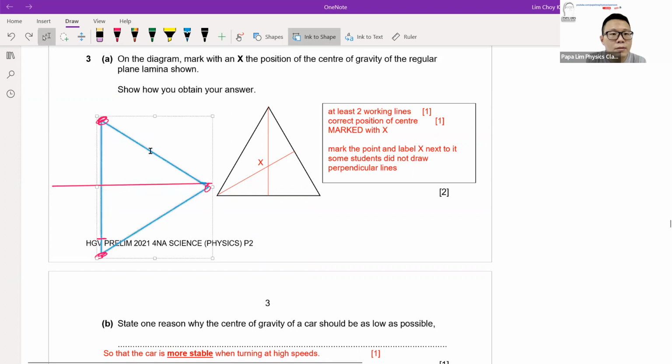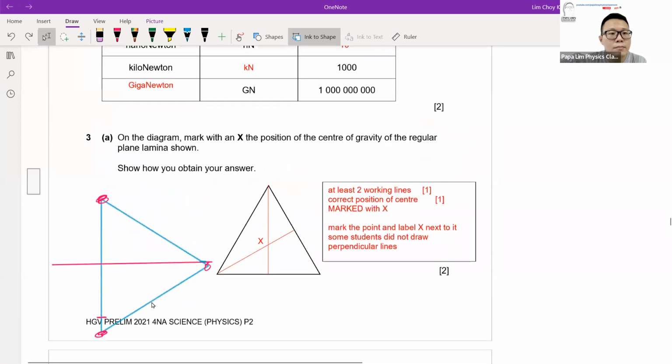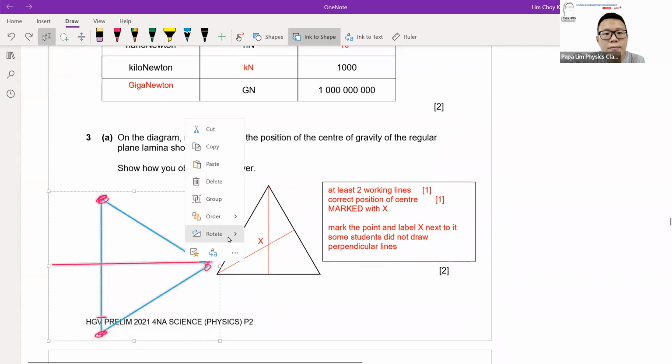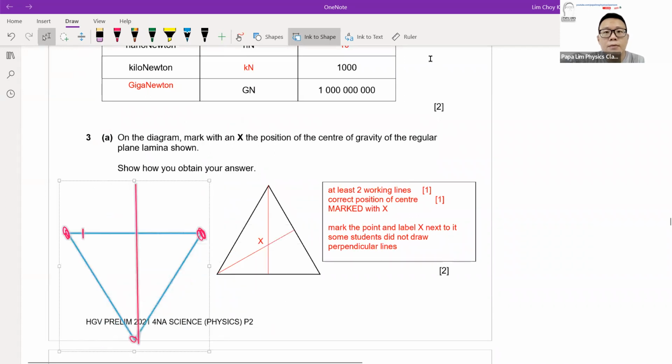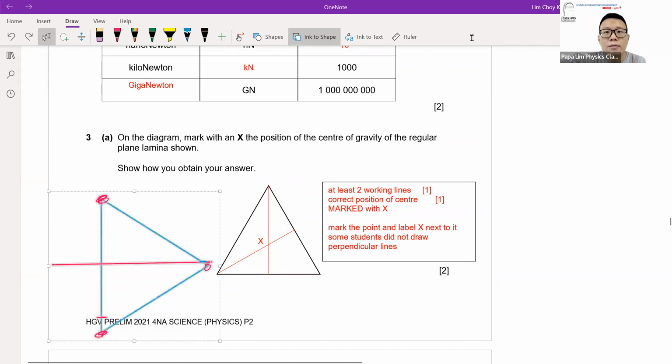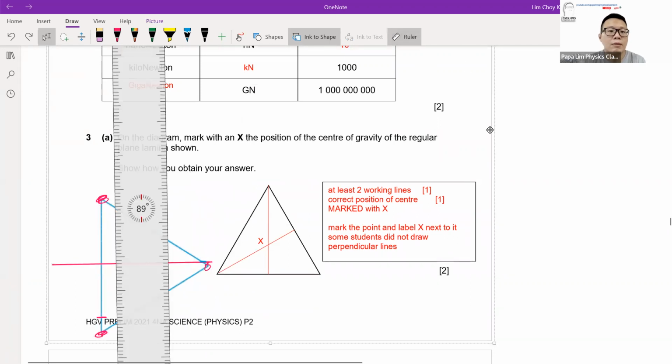Can I group these together? I can't. So what I do now is, I'll take a ruler and draw a vertical line from the vertex.